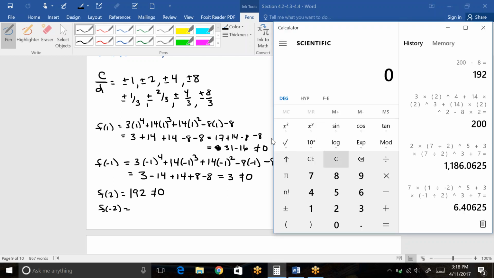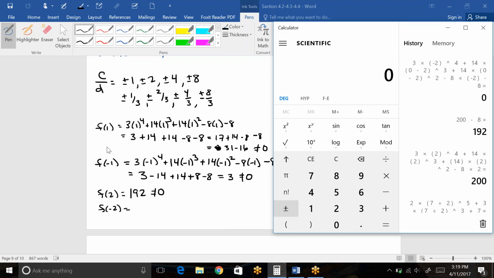So let's try negative 2. So 3 times negative 2 to the 4th, plus 14 times negative 2 to the 3rd, plus 14 times negative 2 to the 2nd, minus 8 times negative 2, minus 8.